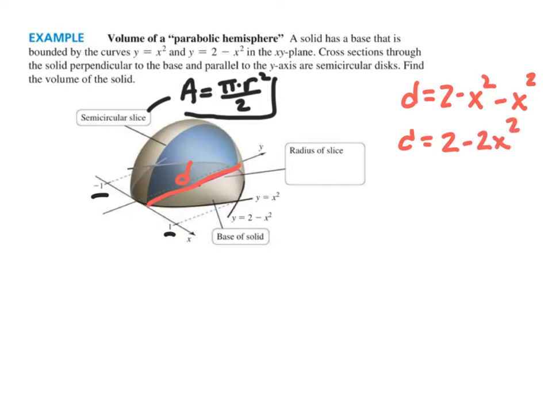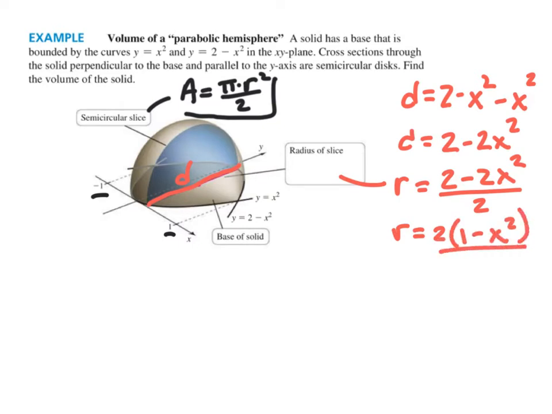Now, if I wanted to find the radius, I would take this 2 minus 2x squared, which is my diameter, and divide that by 2. I can factor out a 2 in my numerator and get 2 times (1 minus x squared) over 2. My 2's divide out, so my radius is just 1 minus x squared.